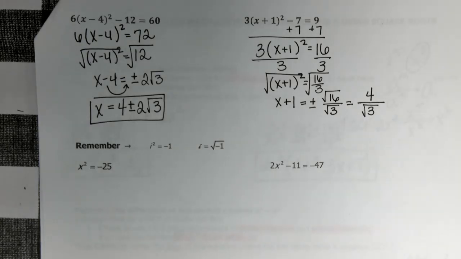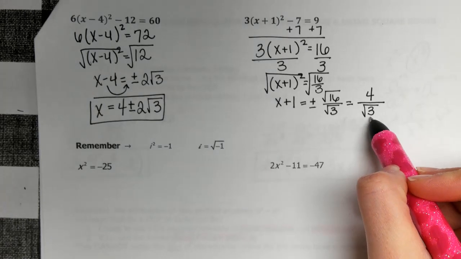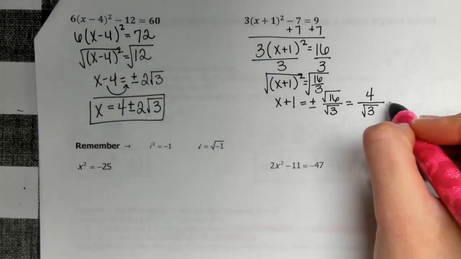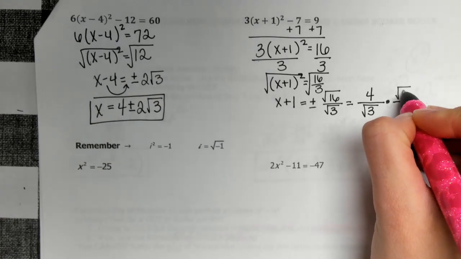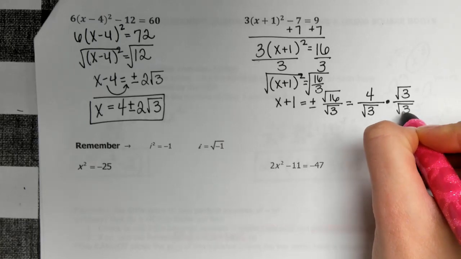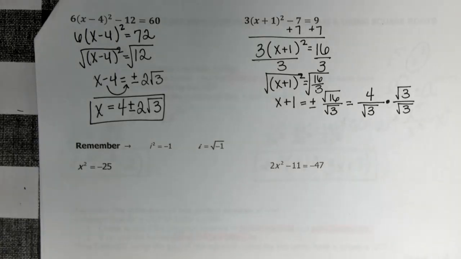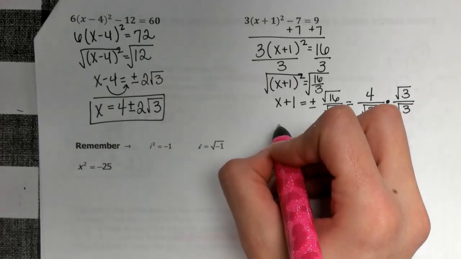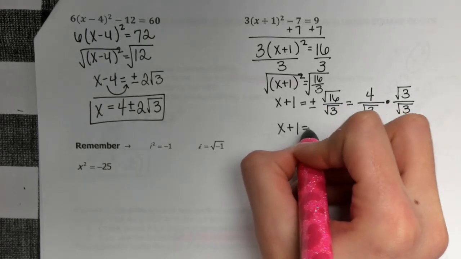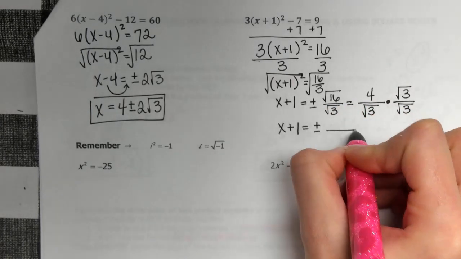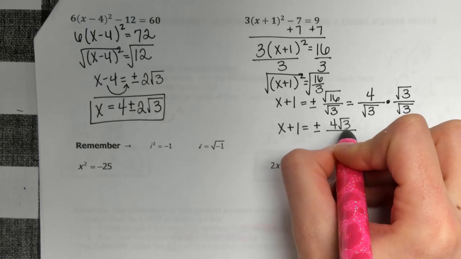What do I need to do then? I need to rationalize because I cannot have a radical in the denominator. So I'm going to multiply by itself. This is back to my first lesson we did. So x plus 1 equals plus or minus 4 square root of 3 over 3.